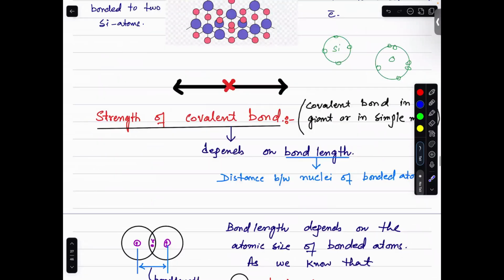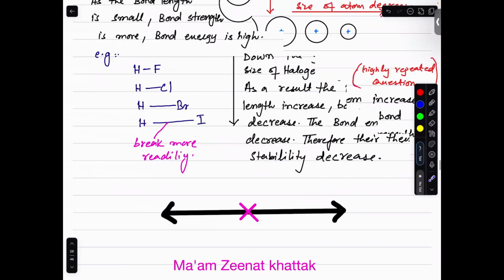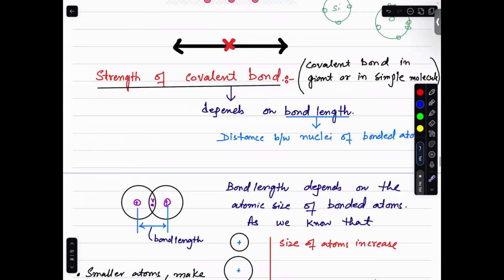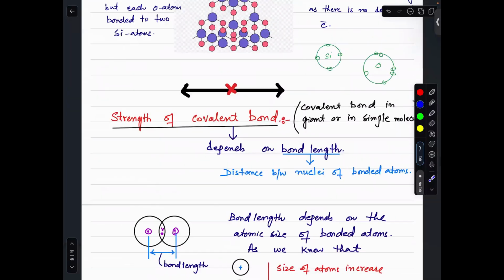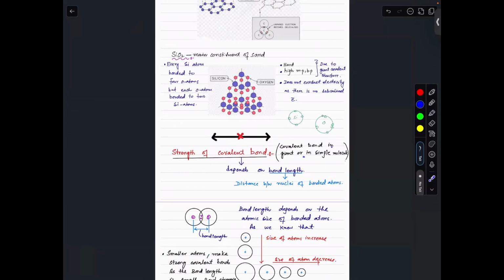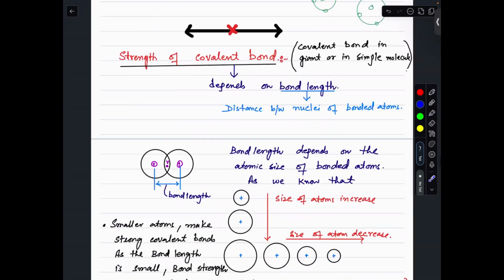So your next topic is what? Strength of covalent bond, in giant or in simple. The strength of covalent bond depends on bond length, which is the distance between the nuclei of two bonded atoms.